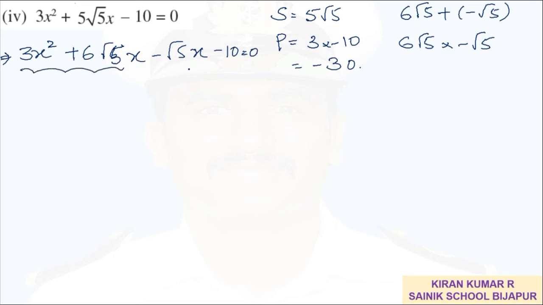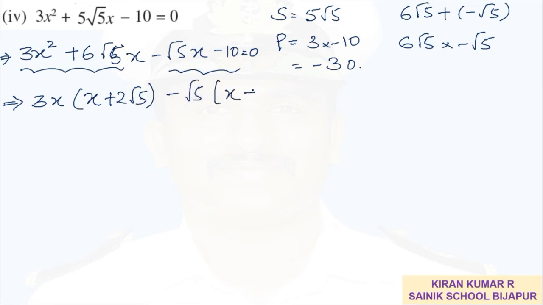Now grouping, very important. In this group I have 3x common. I'll be getting x plus 2 root 5, minus root 5. If you take common, you can write this as x plus 2 root 5. What's the reason? Root 5 multiplied by root 5 is 5, 5 2 times is 10, equal to 0.